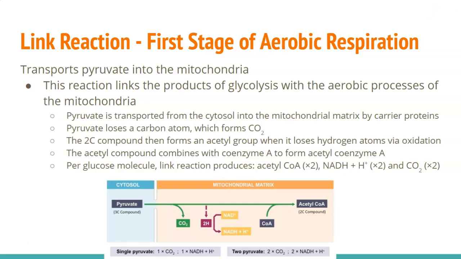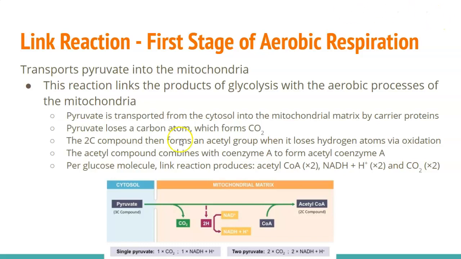It's a 2-carbon compound, and that's what you need to start the next step. So per glucose molecule, you end up with 2 acetyl-CoAs, 2 NADHs, and 2 CO2s.